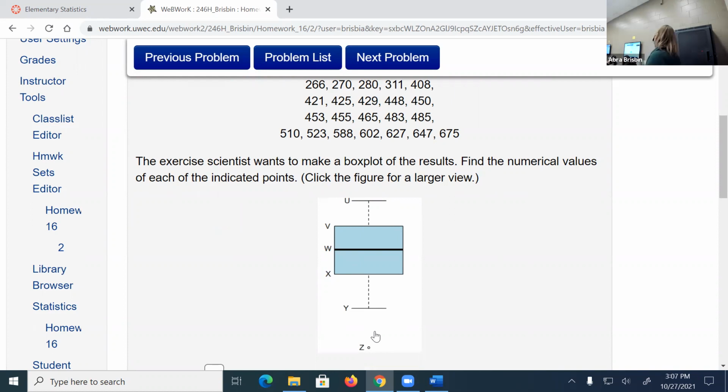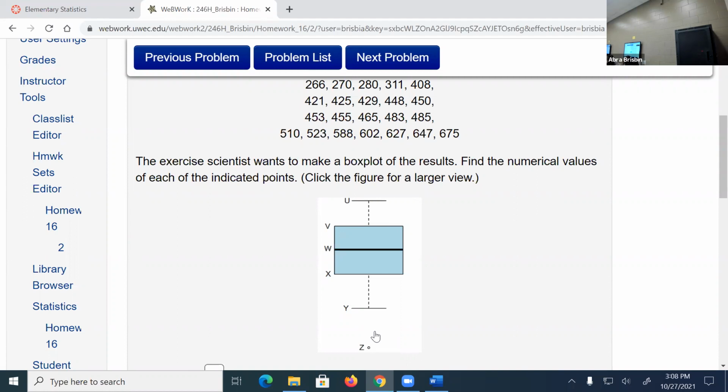Excellent. So a key idea here is that in order to figure out if something is an outlier, we need to calculate the fences. So we talked last time about the upper fence being the third quartile plus 1.5 times the interquartile range.